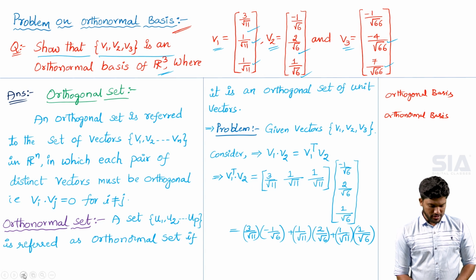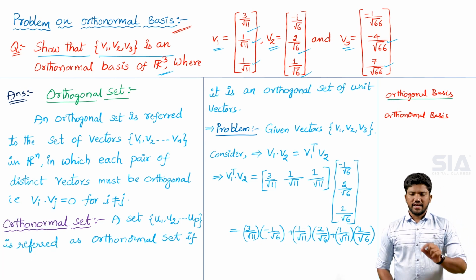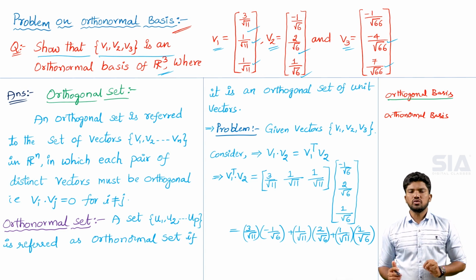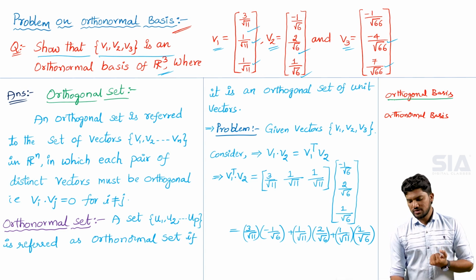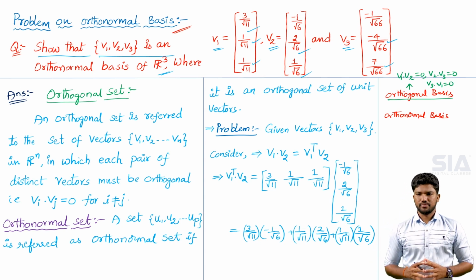The difference between these two bases is that for an orthogonal basis, it is enough to show that the product of any two vectors is equal to 0. For this condition, if you show that V1 into V2 is equal to 0, or V2 into V3 is equal to 0, or V3 into V1 is equal to 0, then we get the orthogonal basis.